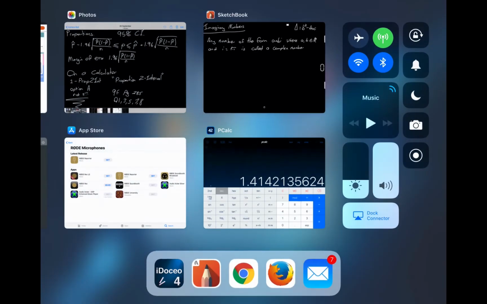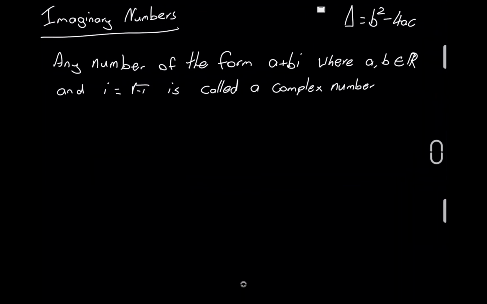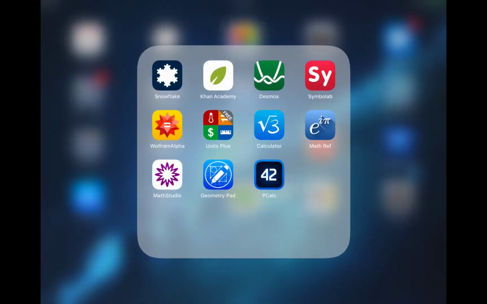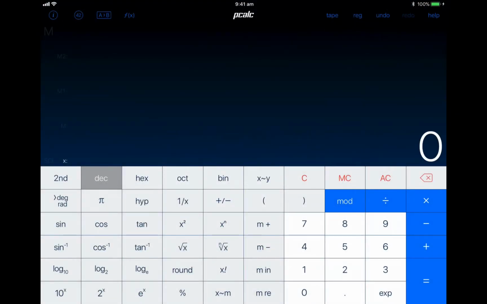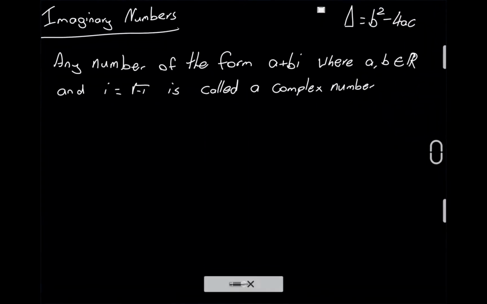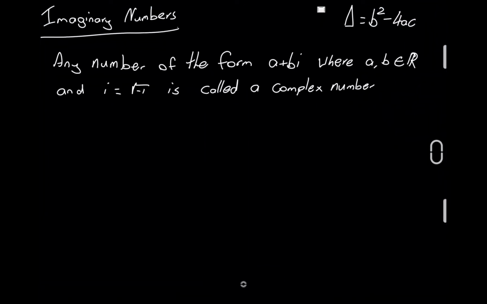In fact, if we give it a shot on my calculator, if I go minus 3 and square root that, it comes up with an error. That's because it's not set up to do complex numbers. Some calculators will actually let you do complex numbers.